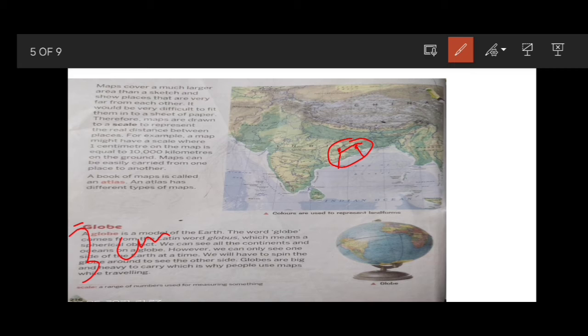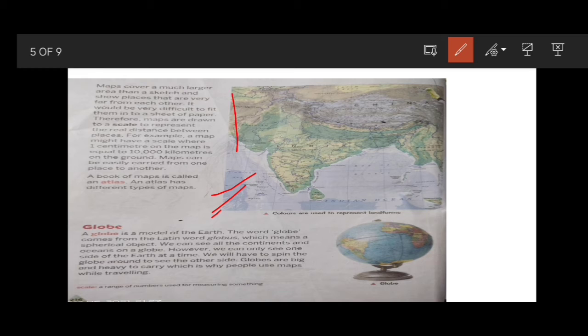By referring to the scale of this map, how can we find out the actual distance on the ground? From this point to this point we got 3 centimeters, so the distance will be 30,000 kilometers on the actual ground. This is just an example. Suppose one more example. This is a map. This map has a different scale.